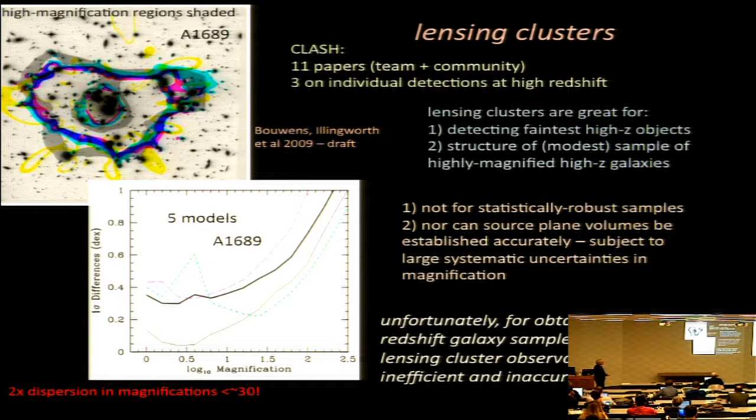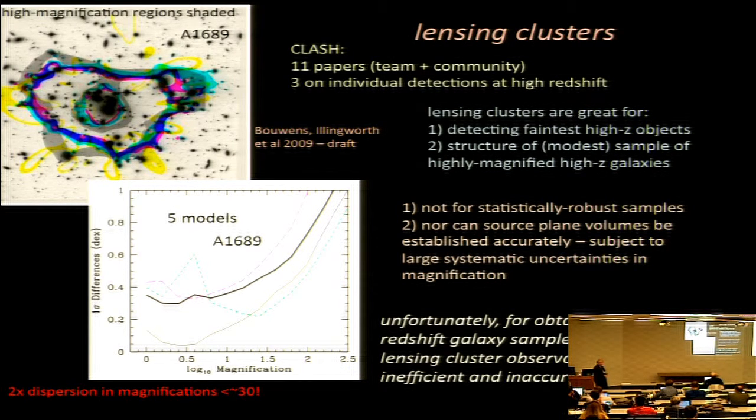So while they're great for detecting individual objects, they sure aren't good for doing statistically robust samples accurately. Large numbers are not in this field and not in this approach, and nor are highly accurate results. In fact, I would say that it's both inefficient and inaccurate.